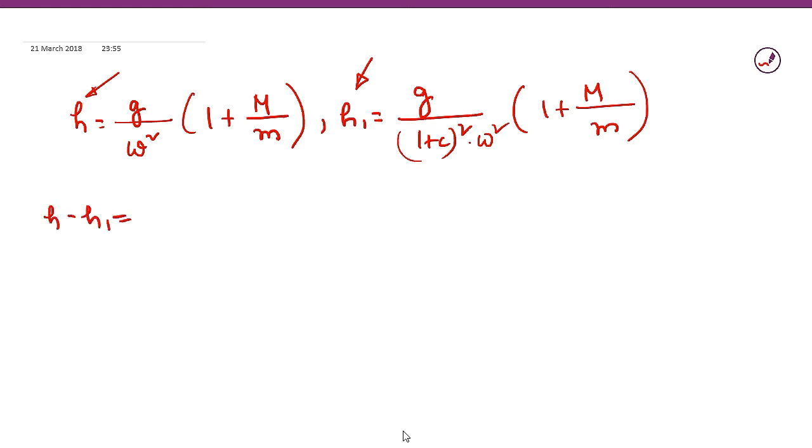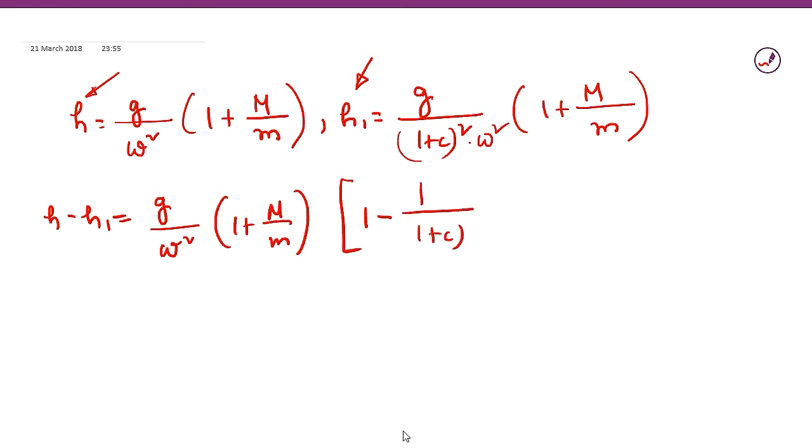So what will it be? If we take common from both of them, it will be g by omega square, and we can take one more thing common, that is capital M by small m, and inside the bracket it will be 1 minus 1 by 1 plus c whole square. So this will be nothing but g by omega square into 1 plus capital M by small m.